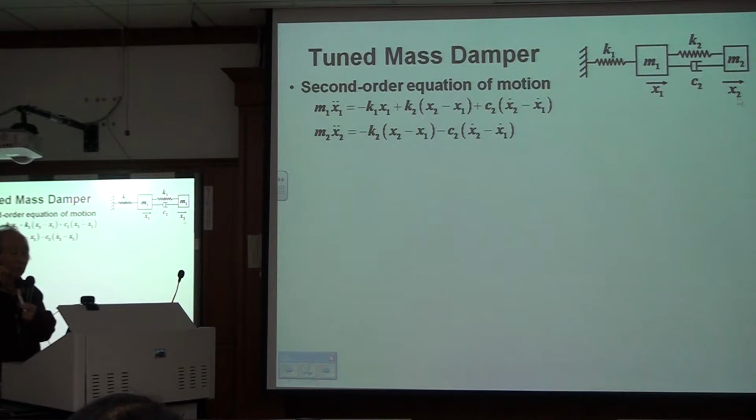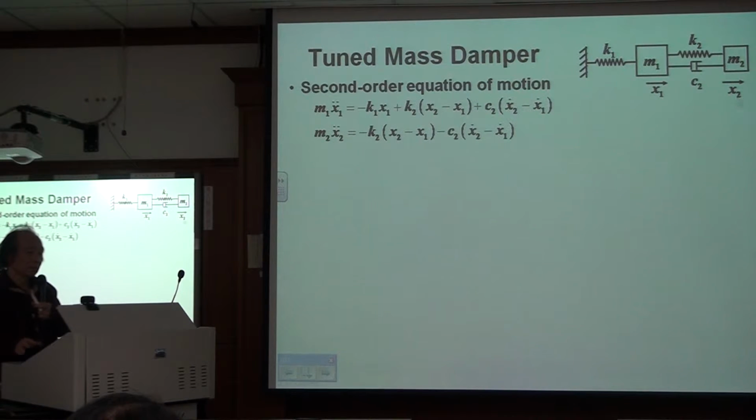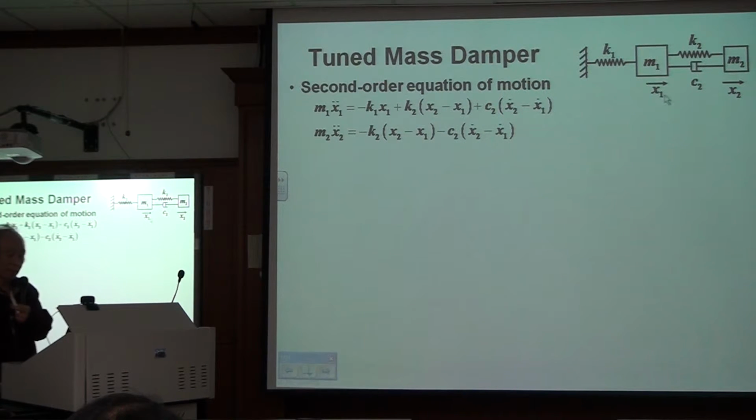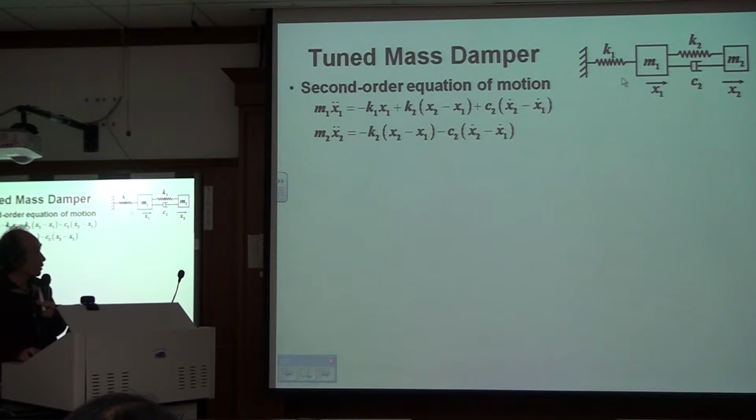So now we have two equations because we have two states, one is x1, one is x2. This is the mathematical model that gives you the dynamic behavior of the whole system.